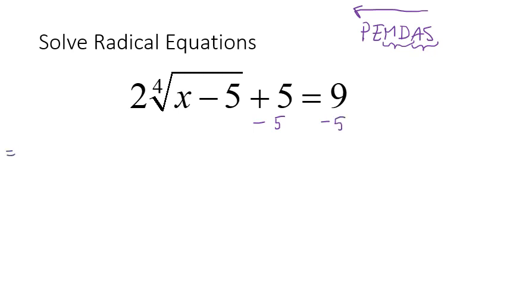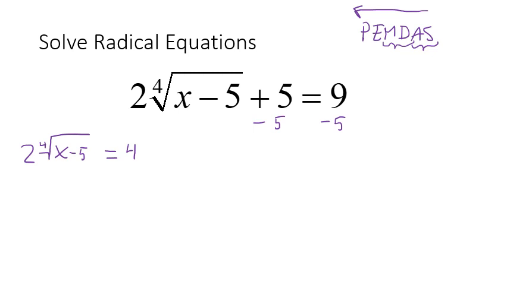I am left with 2 fourth roots of x minus 5 equals, and 9 minus 5 is 4. Okay, and I don't need this first equal sign. So I took care of addition, I don't have any subtraction.